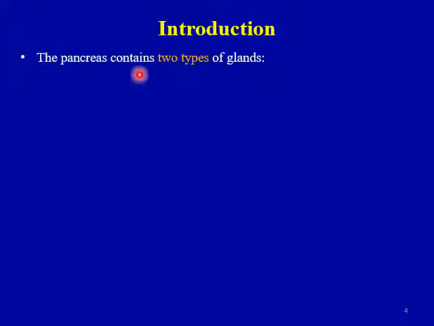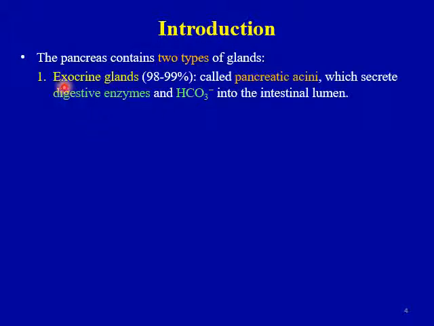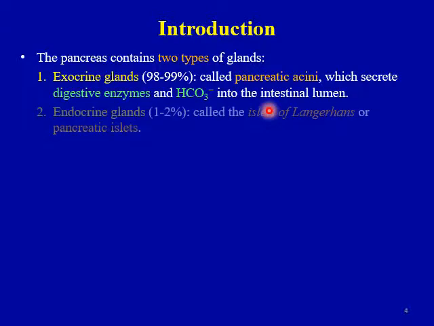So the pancreas contains two types of glands: exocrine gland that represent 98 to 99% of the total pancreatic mass. The exocrine gland is called the pancreatic acini, which secretes digestive enzymes and bicarbonate into the intestinal lumen.